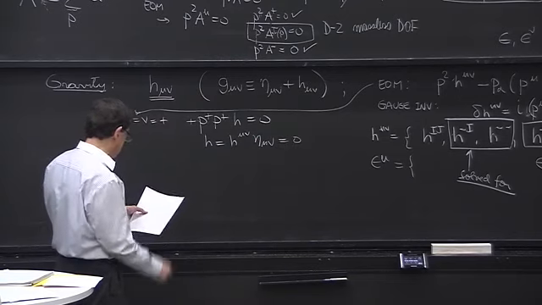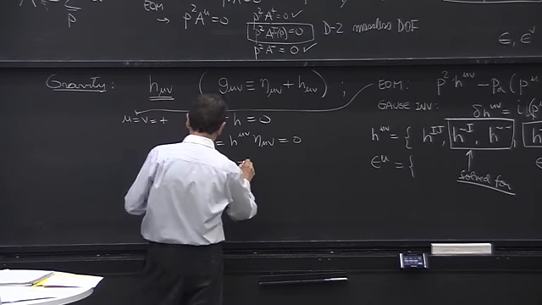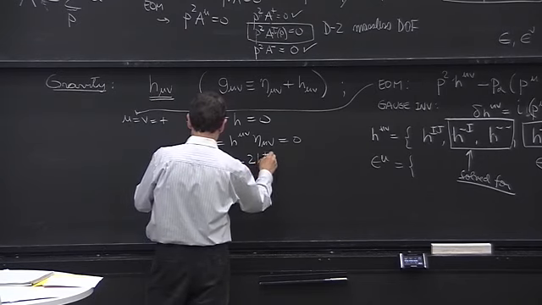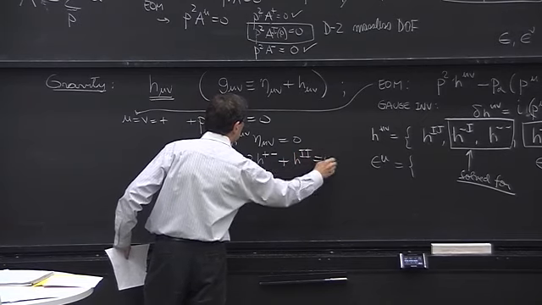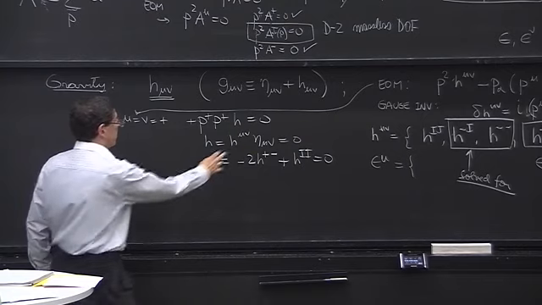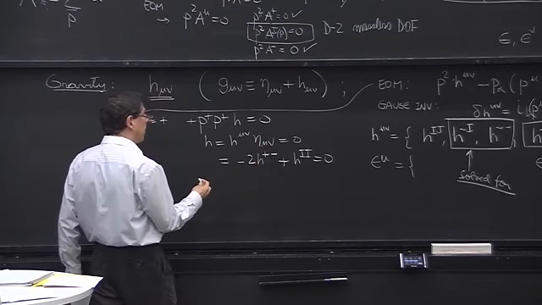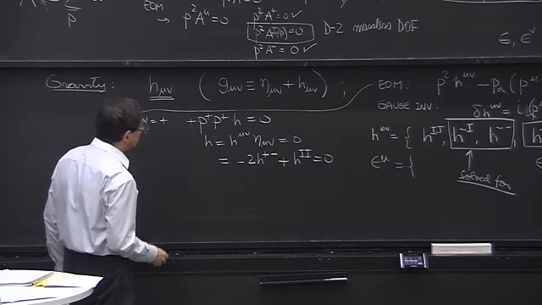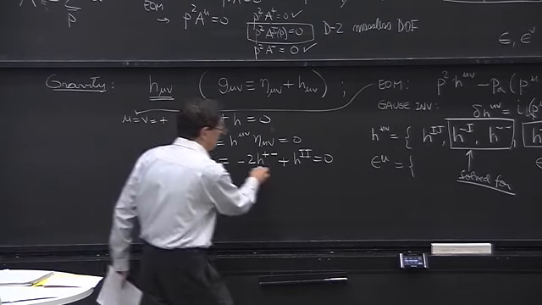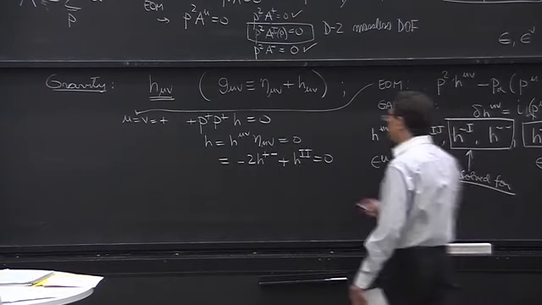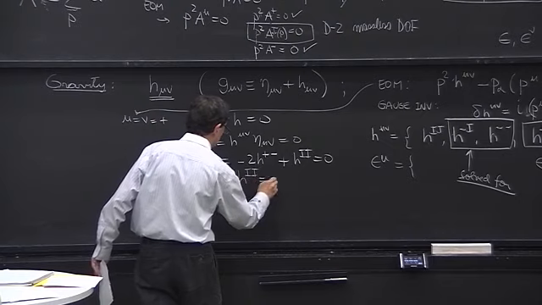So what is this thing? This is minus 2H plus minus plus Hii equals 0. Remember, you sum plus, minus, minus, plus. And therefore, actually, there is a constraint here, because h plus minus is already 0. So you get hii is equal to 0.